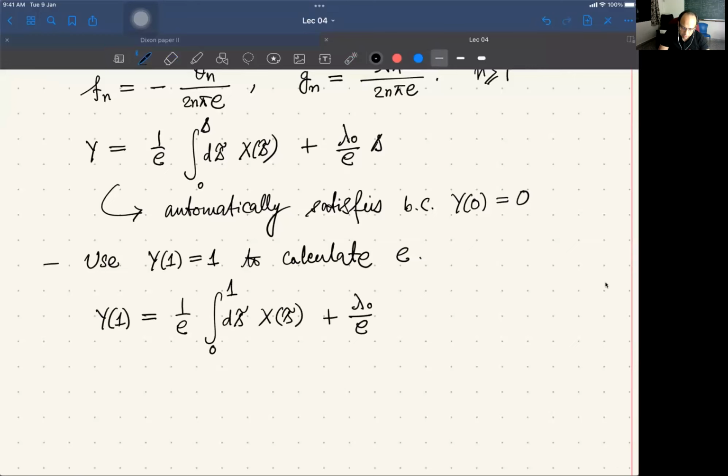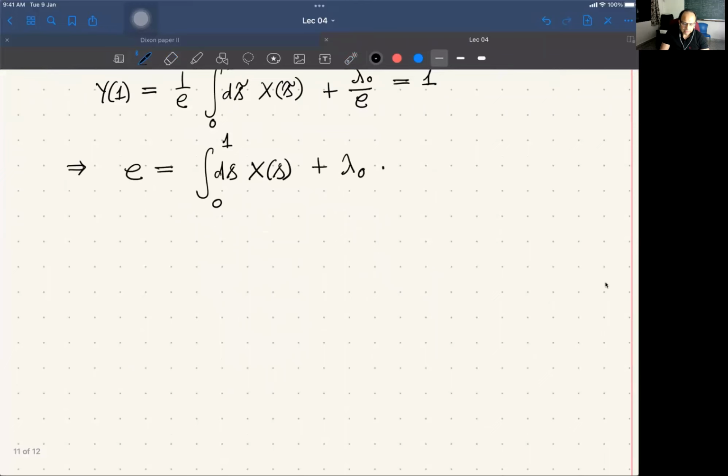I'm setting s equal to 1 in this expression, and that must be equal to 1. And this tells you that E should be equal to integral ds x of s, basically the 0 mode of the entire function.